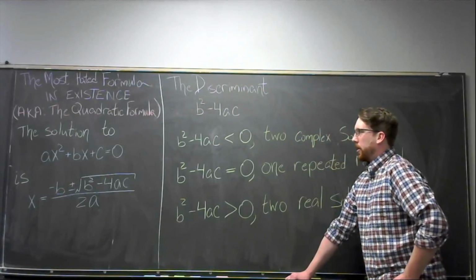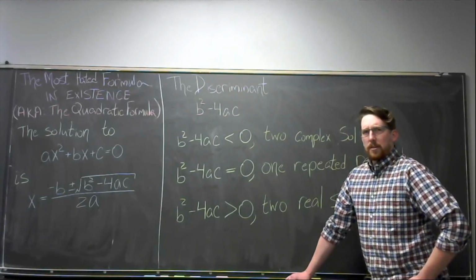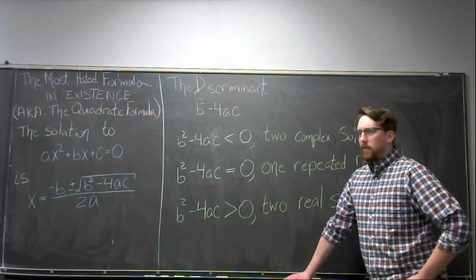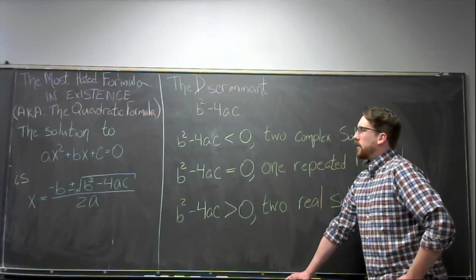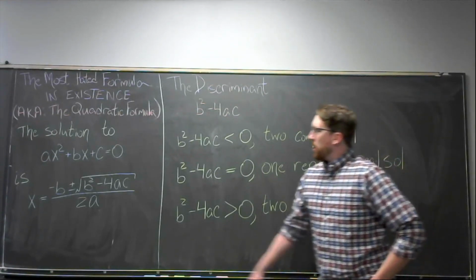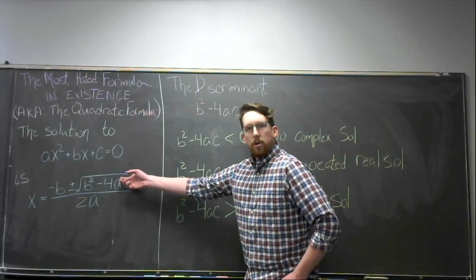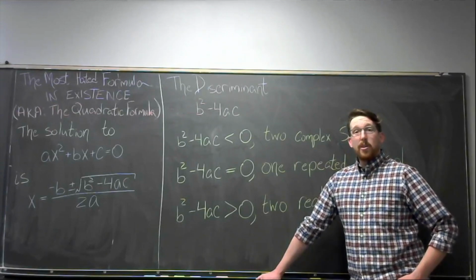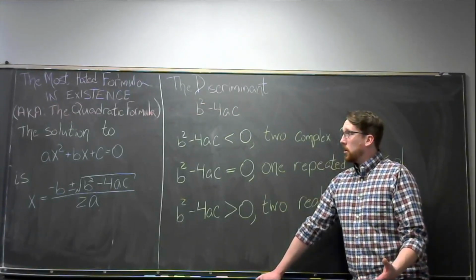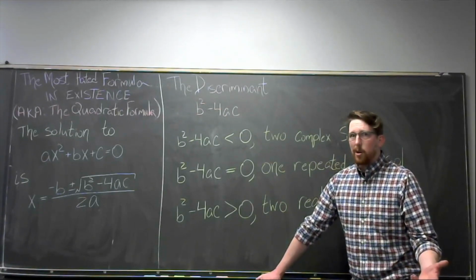All right. Now let's look back at the discriminant and see if we can kind of fish out why this is. If the discriminant is less than 0, then we're going to have a negative value underneath the radical, right? And if we have a negative value under the radical, then we're going to have an imaginary number.